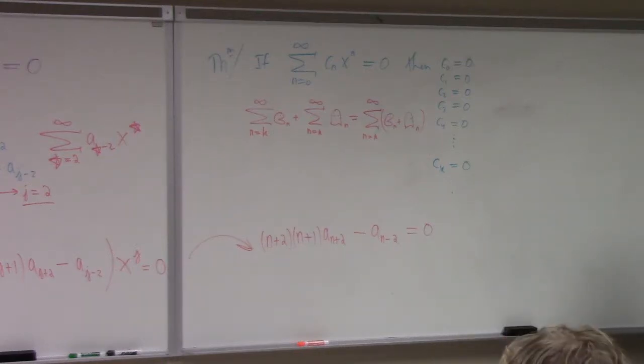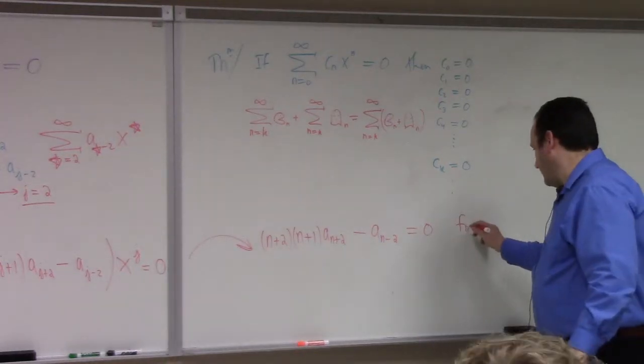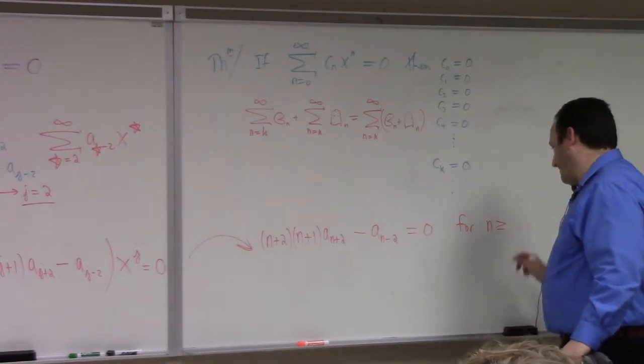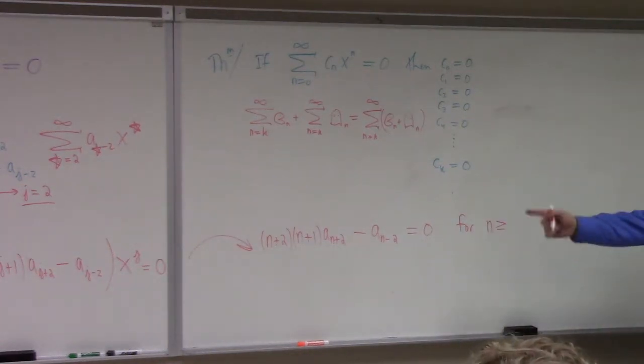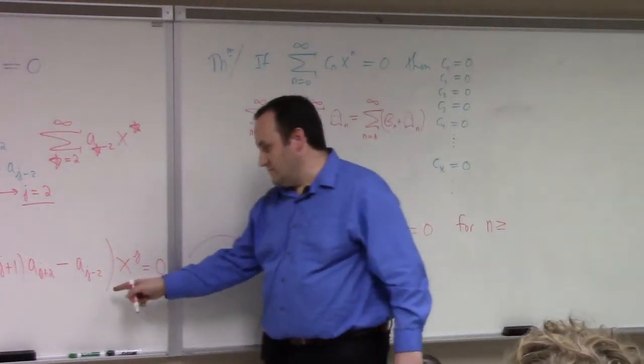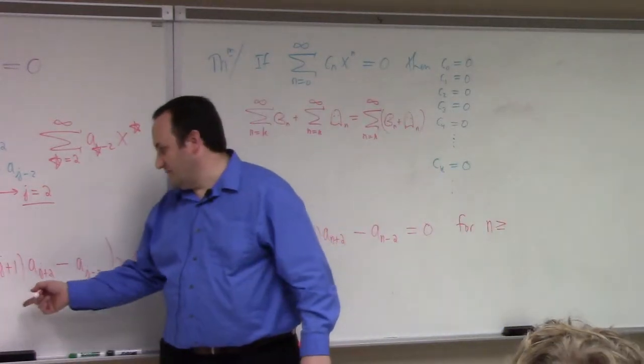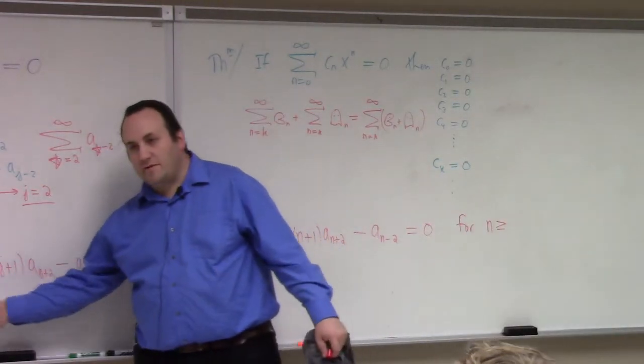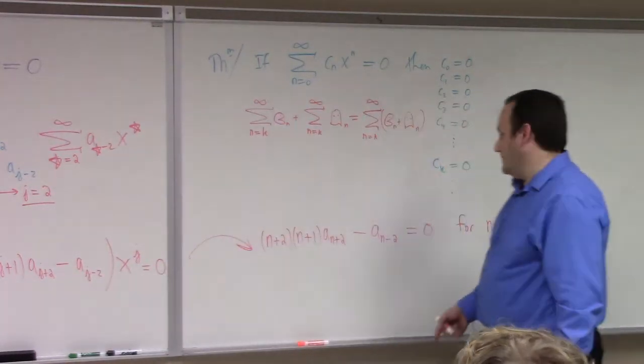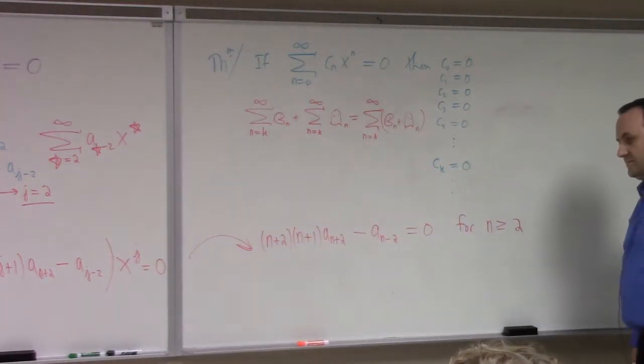For what n? I could write it down with j's originally. That's what I usually do. But this would be for j greater than or equal to 2. Since I changed the j to an n, this is for n greater than or equal to 2.